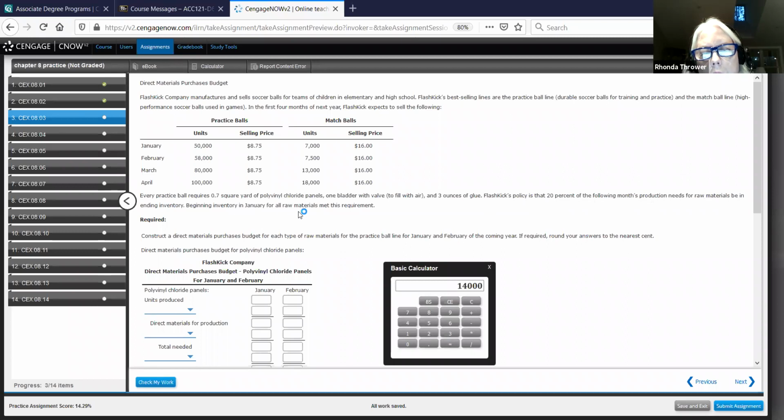Beginning inventory in January for all raw materials met this requirement. So first of all, we're going to start with the units that we are producing for January and February. And let's see if they gave it to us here.